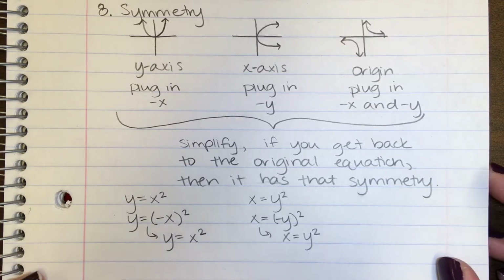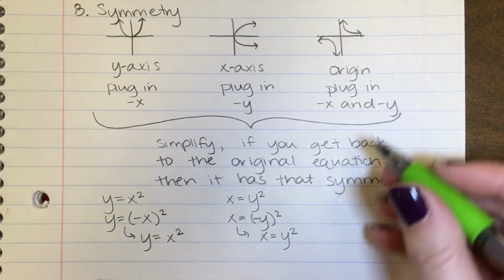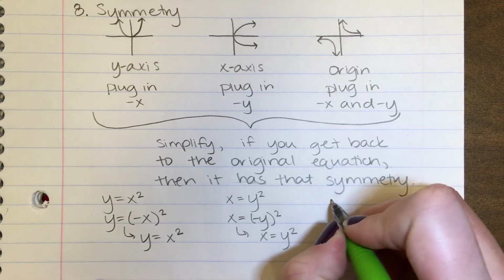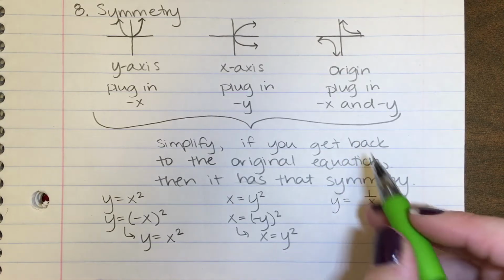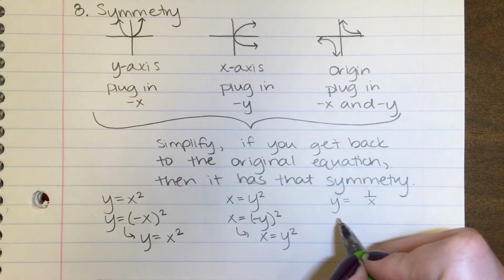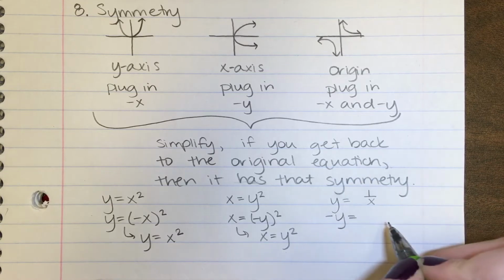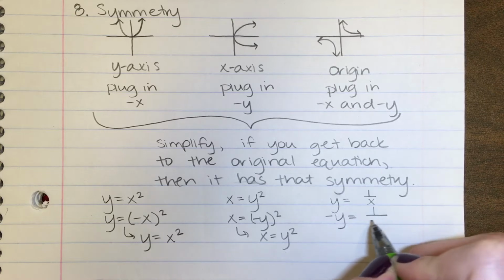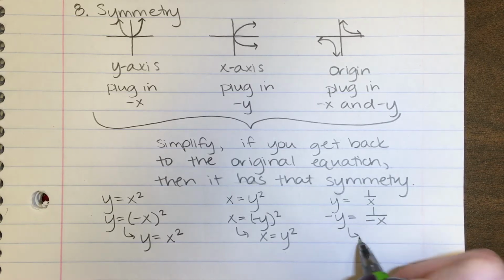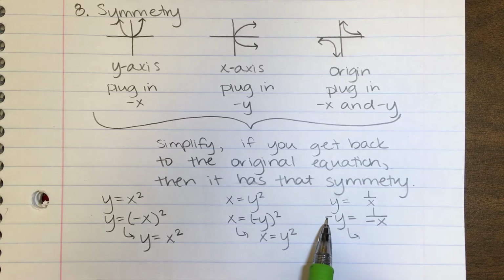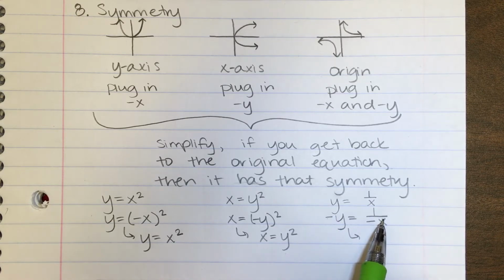All right, and then last we're going to try the origin. So the original equation that I graphed was y equals 1 over x. And so if I go ahead and plug in negative y and negative x at the same time, then that gives me negative y equals 1 over negative x. And for me to simplify this, I'm just going to go ahead and divide this negative over to the other side.